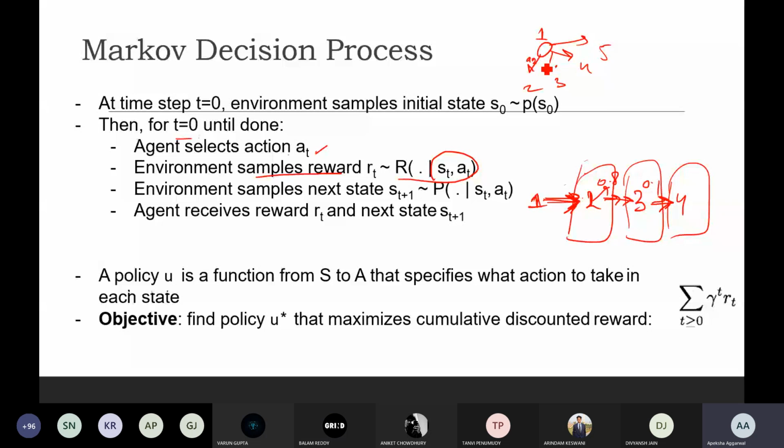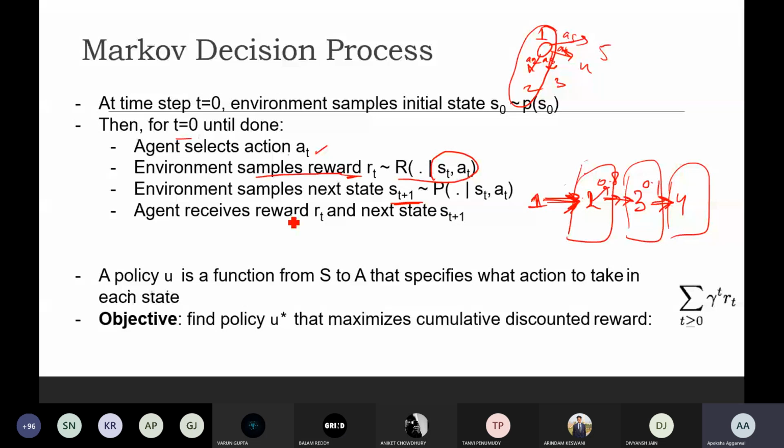Out of all these state-action pairs, the environment samples a reward for whichever action has been taken, and it will tell it to move to the next step, t plus 1.